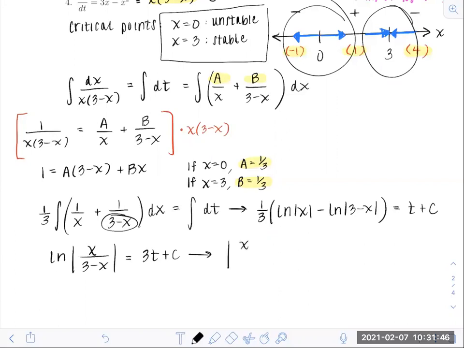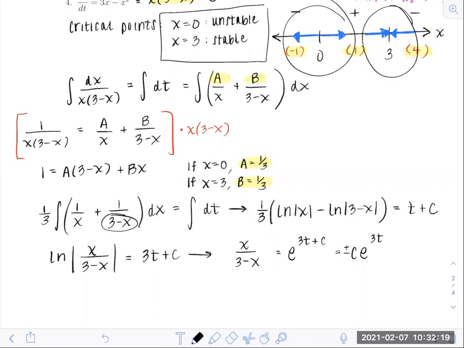All right, I'm going to go one step further, and I'm going to apply the natural exponential function here. So I get, excuse me, the absolute value of x over 3 minus x equals e to the 3t plus C. And as is common, I'm just going to write that e to the C as the constant C. Now, normally I will drop my absolute values and put a plus or minus.